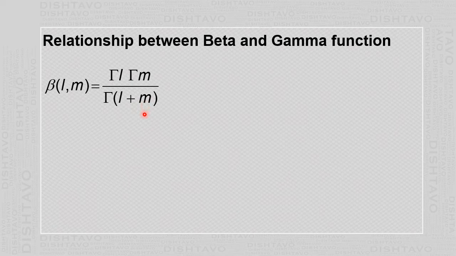In fact, this property is very useful to find the value of beta, because the value of the gamma can be known from the properties of the gamma function, and once you get the value of the beta, one can evaluate the given integral.